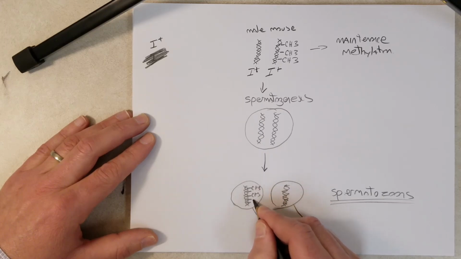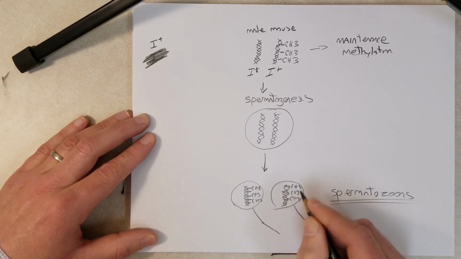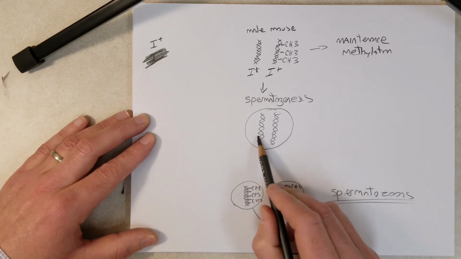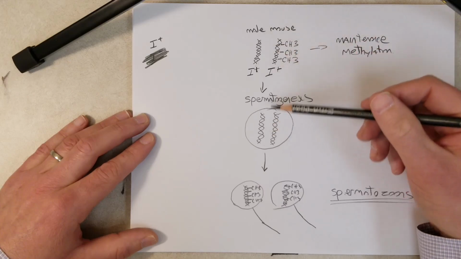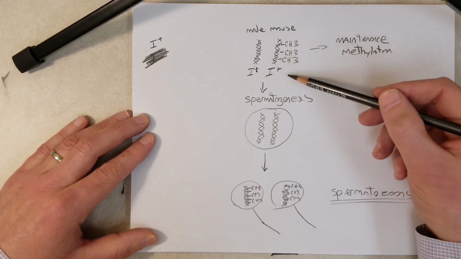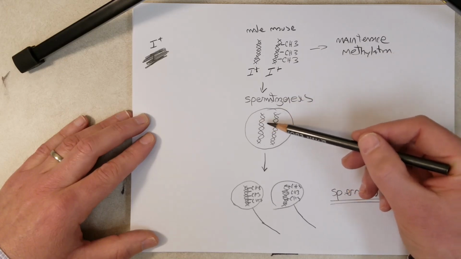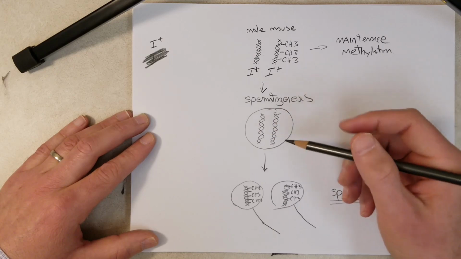So what happens is sometime during meiosis, these alleles that were not methylated both become methylated. Going into meiosis, the paternal allele was methylated, then it was erased. So at some point during meiosis, there was no methylation on either of the I plus alleles.